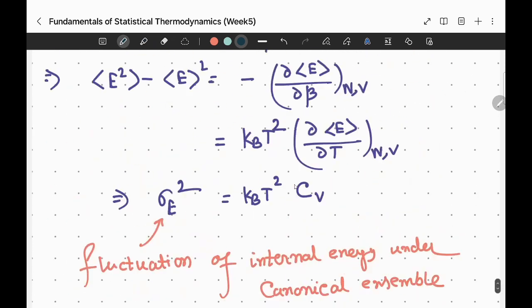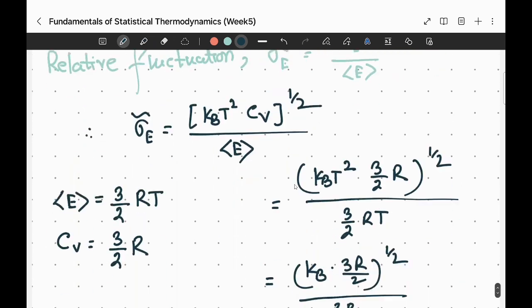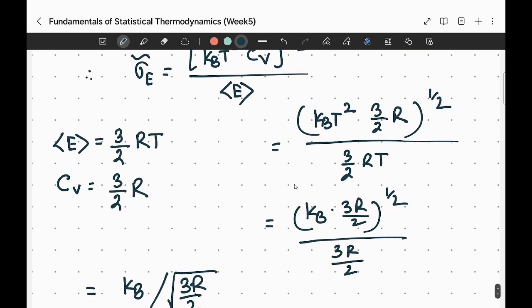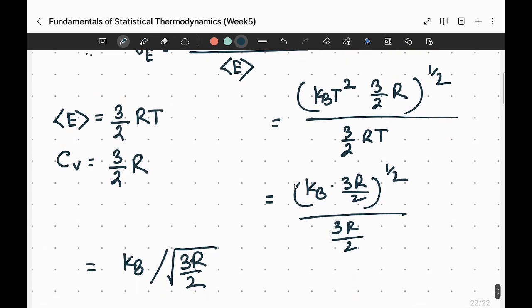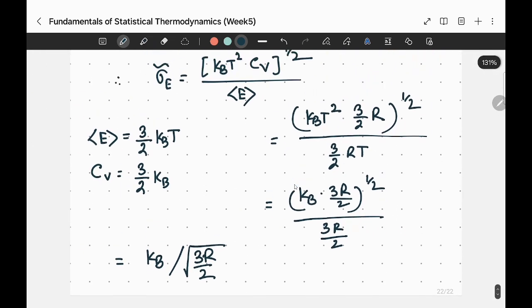Here you can see kB is there, which means this is not for 1 mole. If it were for 1 mole, then obviously the N term would be there. So it is better to deal with kB instead of R.